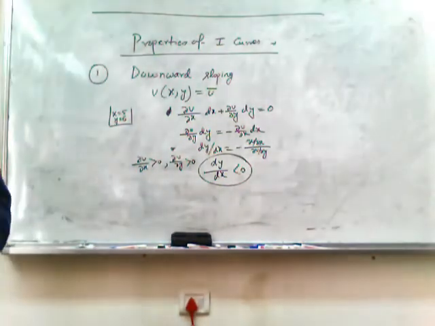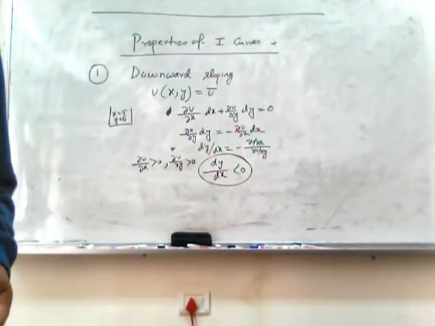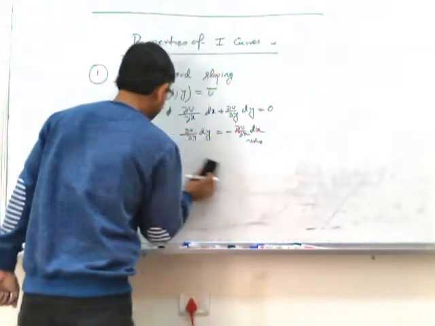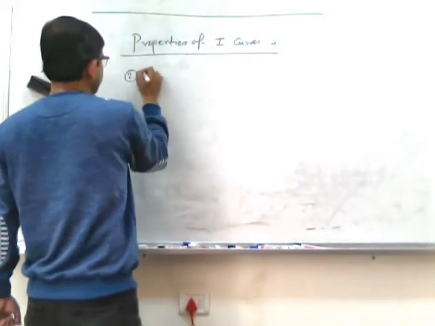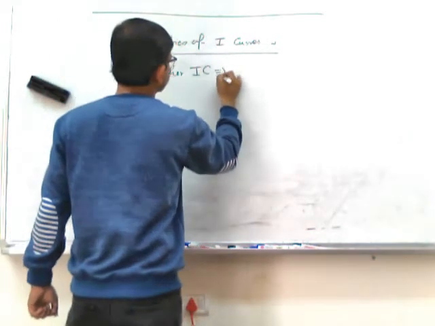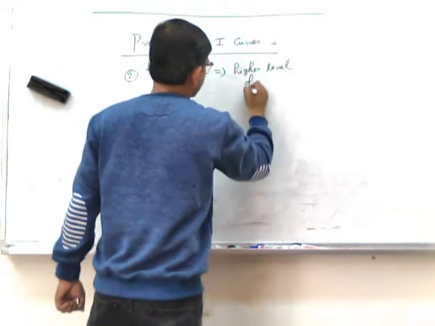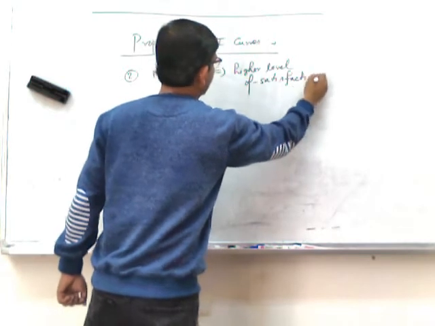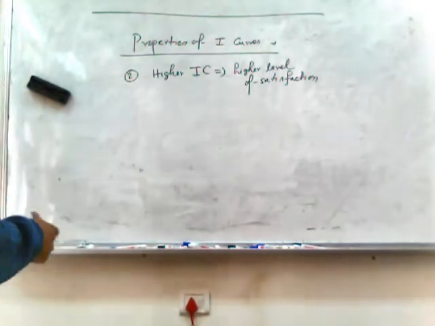Now the second property is: higher indifference curve indicates higher level of satisfaction. We will prove it with the help of a diagram.